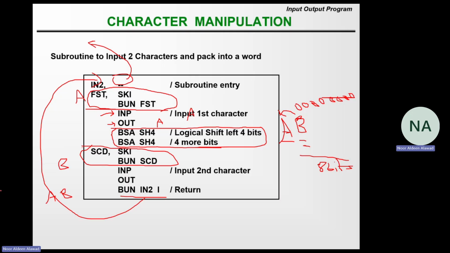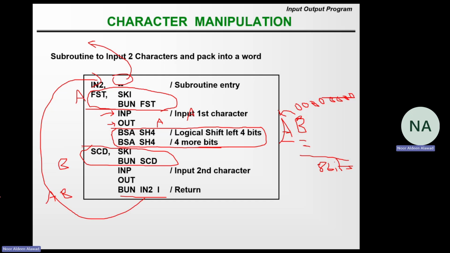To summarize, this subroutine demonstrates how to wait for input, which is in the FST, SKI, then branch FST. The same thing for SCD, then branch SCD, for reading 2 characters, and use logical shifts 2 times and pack the 2 bytes into one word, and return cleanly to the main program, which calls this subroutine.